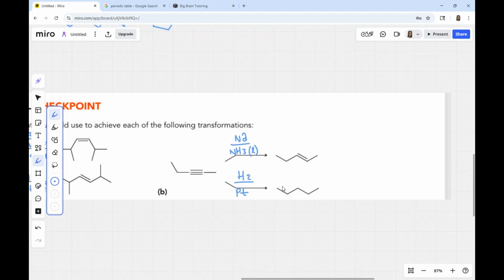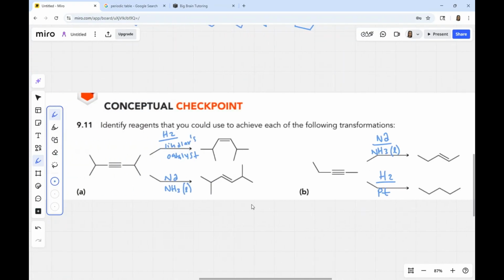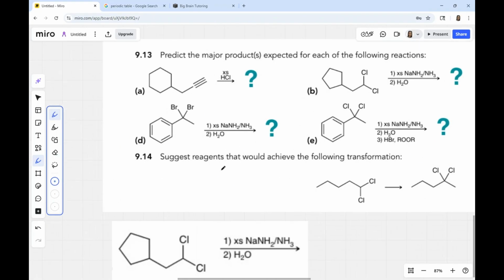This one's tricky because it gets reduced all the way down to an alkane. But remember, if we just use the regular reaction that we used from chapter 8, this will add hydrogens to both sides of the bond, but it'll continue to do it with the catalyst. The catalyst won't stop at any point, and then it will go all the way until it's down to an alkane.